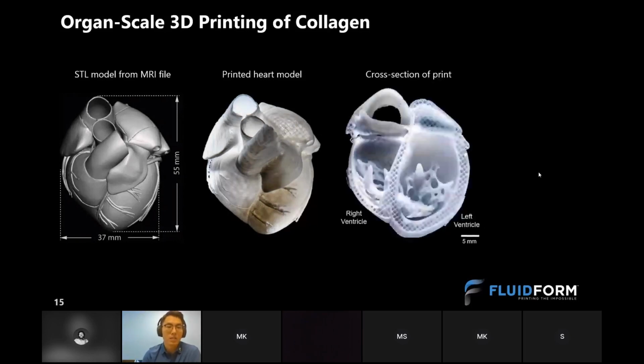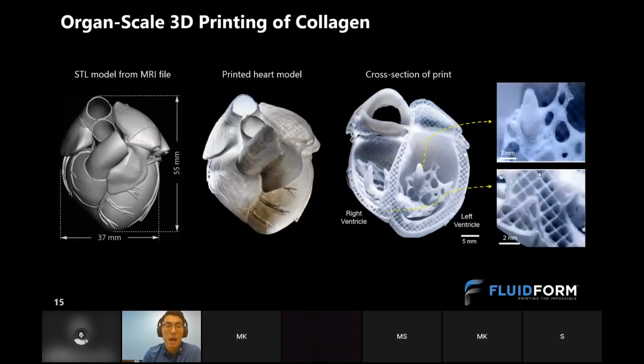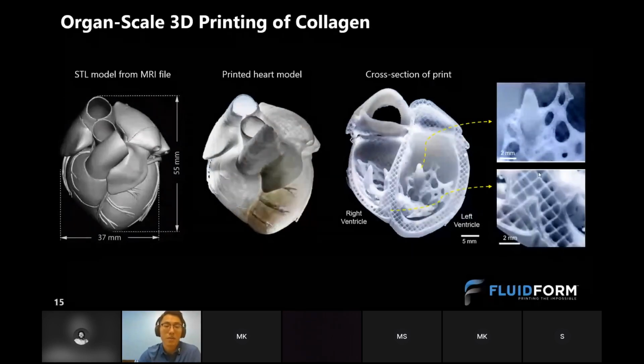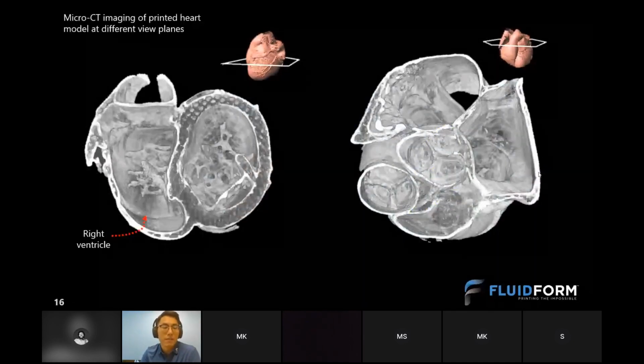If we take a cross-section of that print, we can see the internal details, where you see some of the trabecular structure of the heart, and also some of the high-resolution infill structures that you can find here. We were able to take a micro CT scan, where in these different view planes you can find, again, different features such as the right and left ventricles, trabeculae, again the infill.